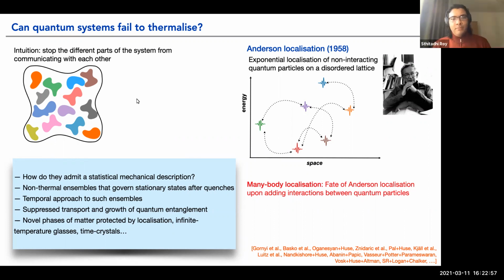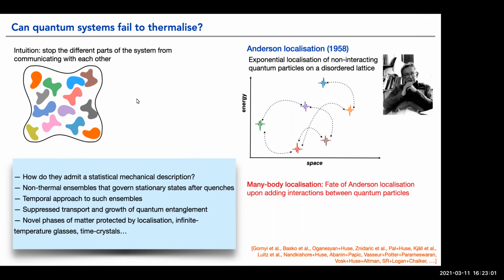There is no basis in some sense that's preferred. Right. But thermalization may fail even in the absence of disorder. On the other hand, what I understand is that in Anderson localization, you need disorder to see the localization. So I didn't quite understand the connection between these two different scenarios.